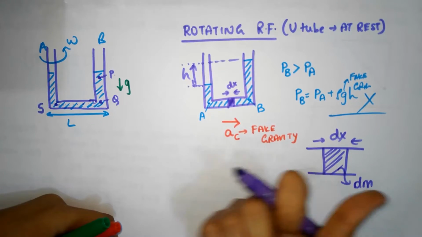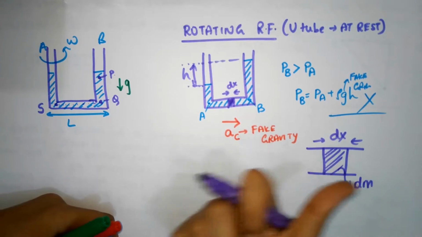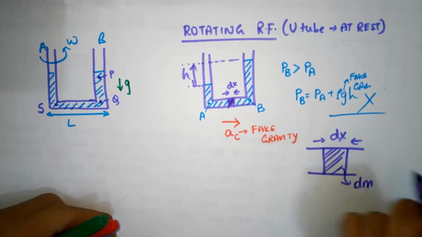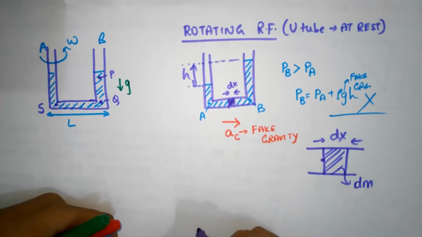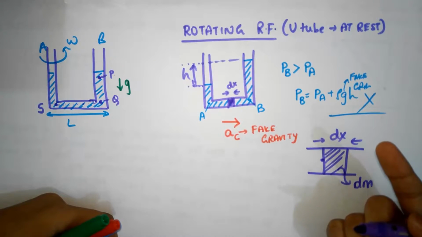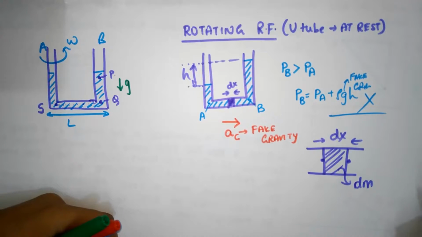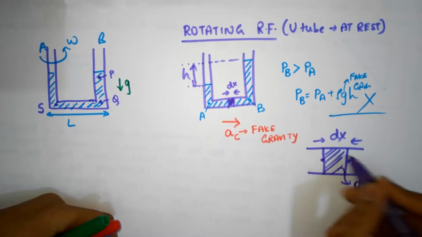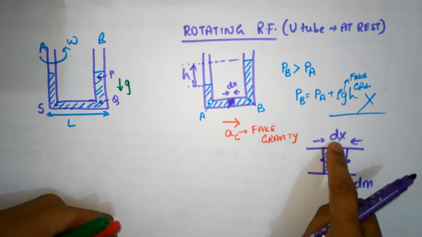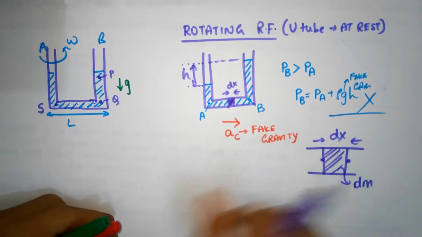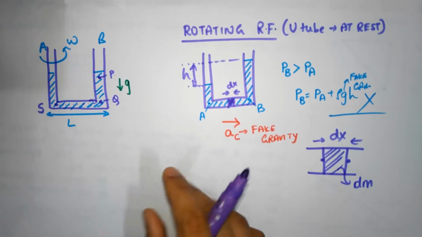Since there is a fake gravity acting in this direction, this side must be at a lower pressure compared to this side, which must be at a higher pressure. So there should be an extremely small difference in the pressure, because I've taken a differential length, and let's calculate that difference.